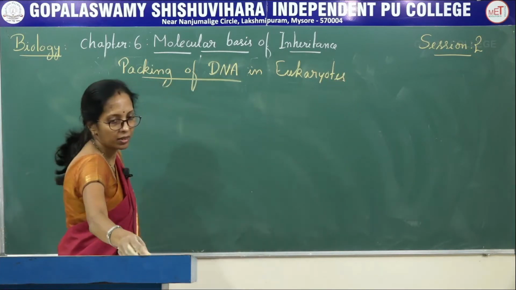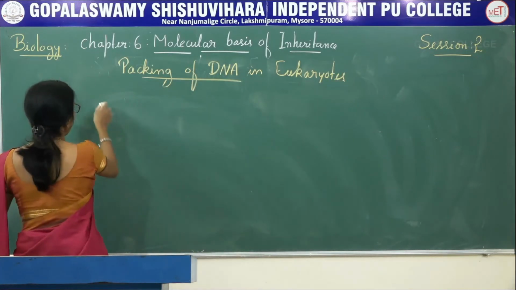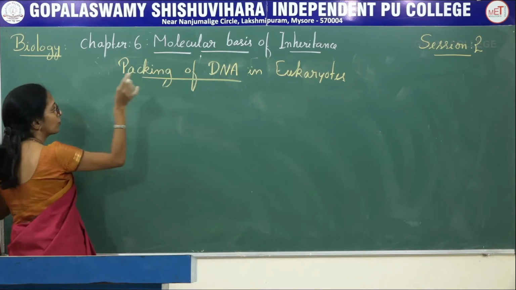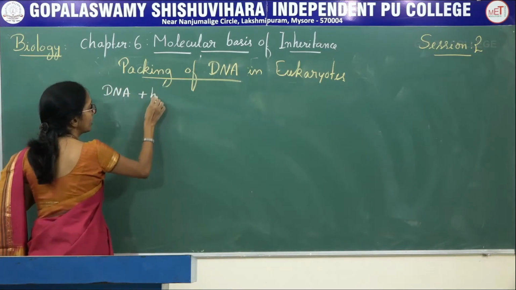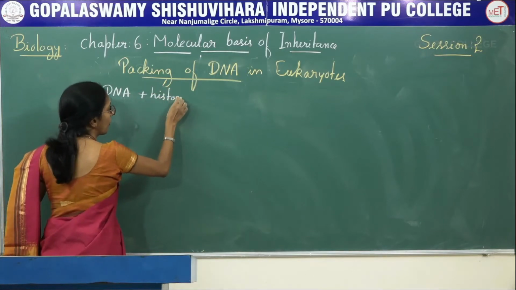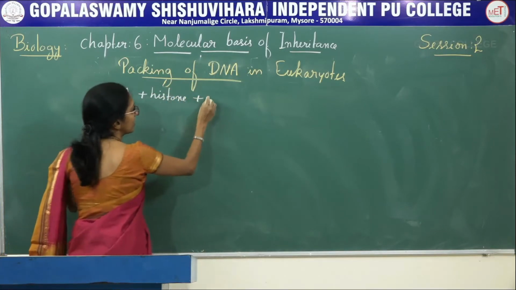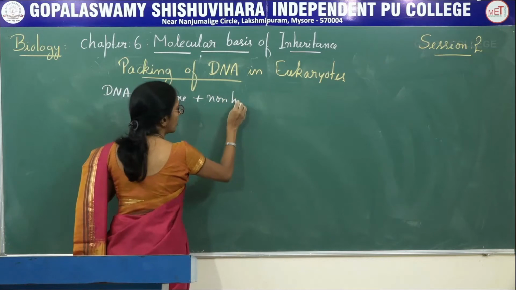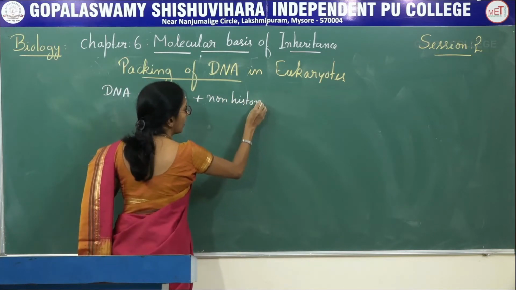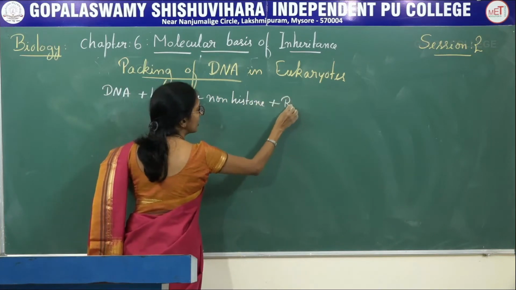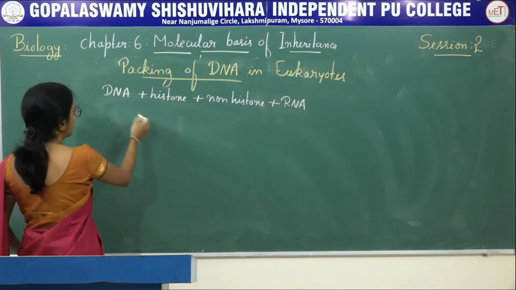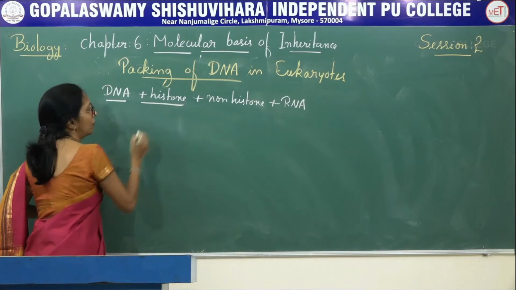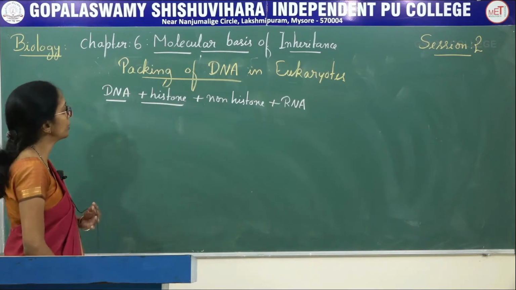Here, in case of eukaryotes, there is a presence of 4 important components. One is DNA, second is histone, third is non-histone, last is very little RNA. Out of these 4, these 2 are the major components in eukaryotes.